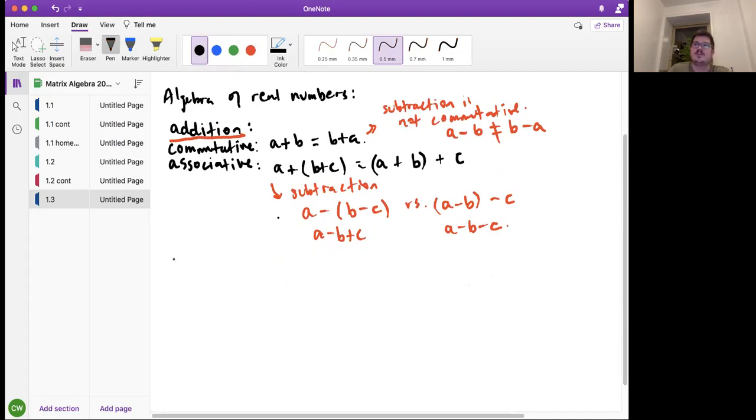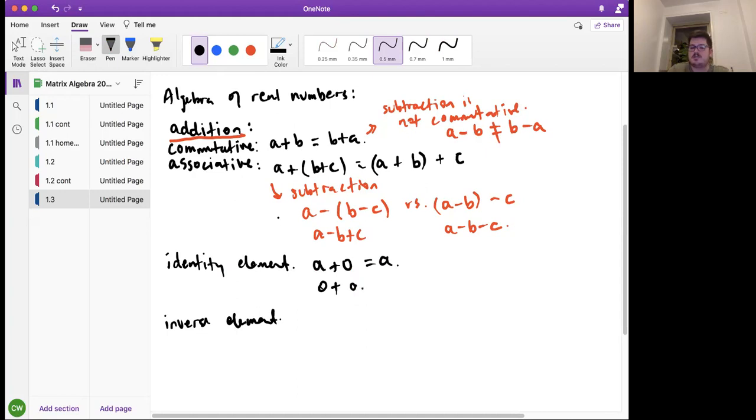To talk about inverse, we need to talk about an identity. What does identity element mean? It's the number where if you add it, it doesn't change. So a plus 0 is a, and it doesn't matter where you add it, it does not change the number.